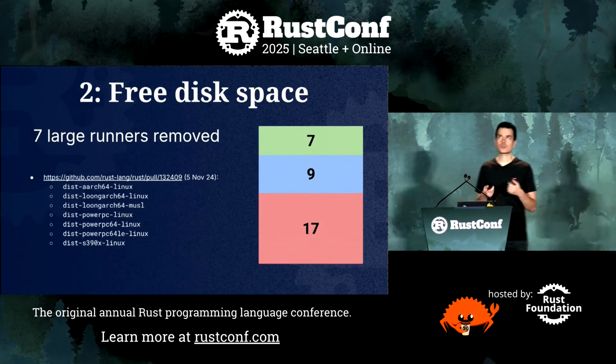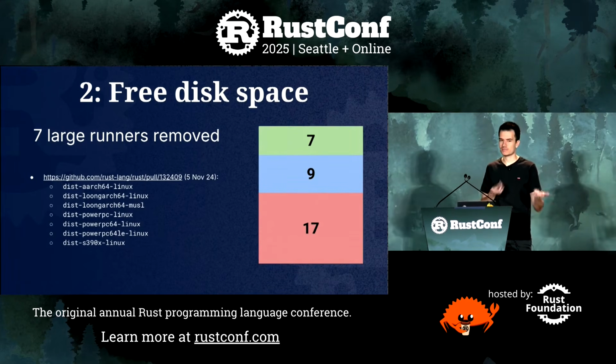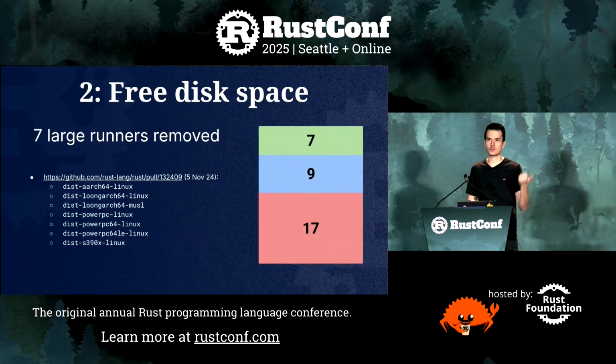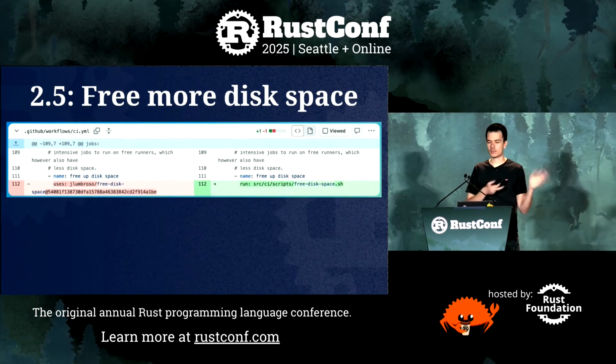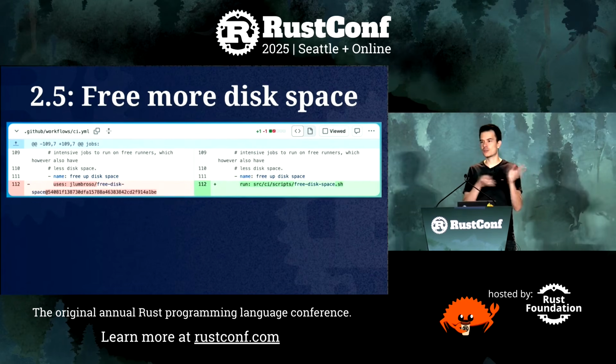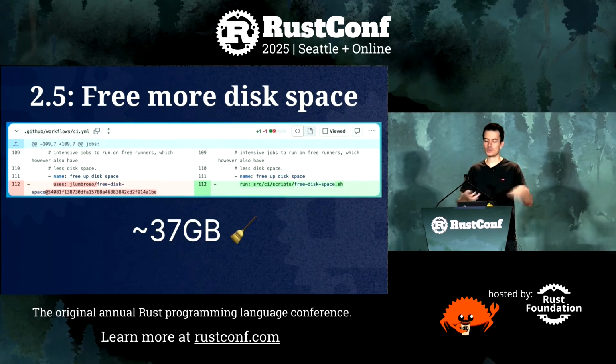That's because GitHub, in their runners, pre-install a bunch of stuff that we didn't need, like the Haskell toolchain, a web browser, and whatever. In fact, we forked this action because it was unmaintained. We just forked the script, and we managed to remove even more stuff than what the action was removing.